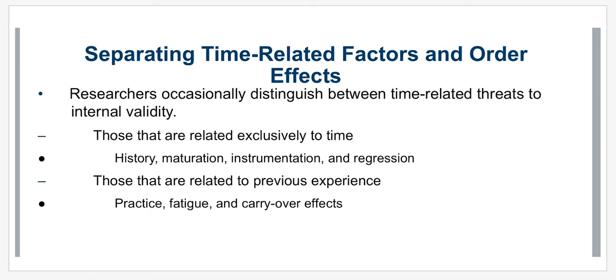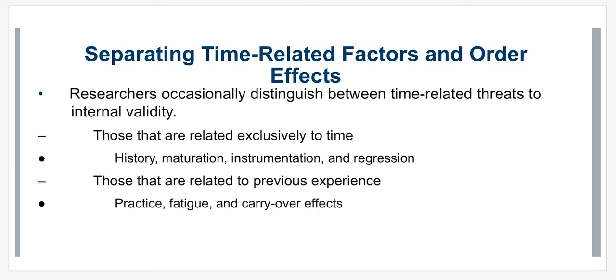Time's not the only factor. Yes, it is time because they're being tested multiple times, but it has more to do with the experience of the treatment conditions than it does time itself. And so that's why a lot of times those are distinguished. They're called time-related factors and then order effects. Just wanted to point that out.